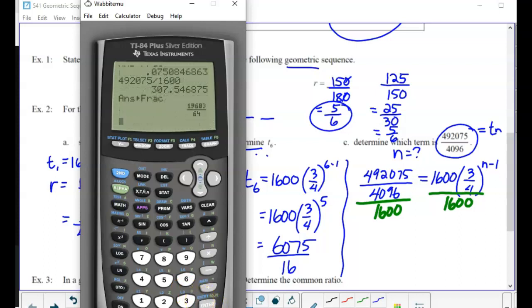Okay, so then our denominator will be 64 times 4,096. Oh, that's not what I wanted, sorry. 64 times 4,096. Okay, there we go. So 19,683.